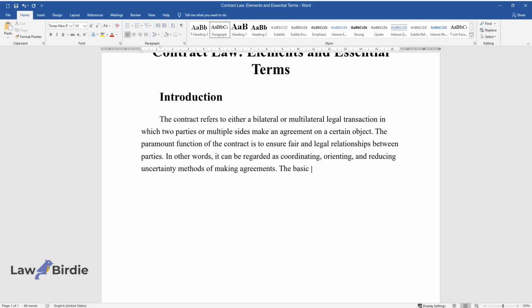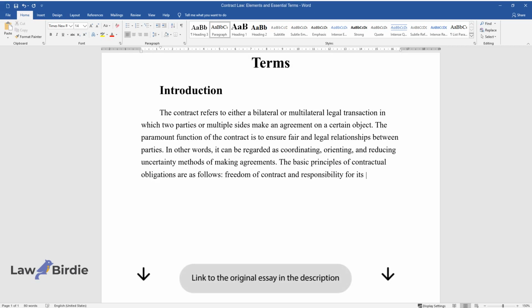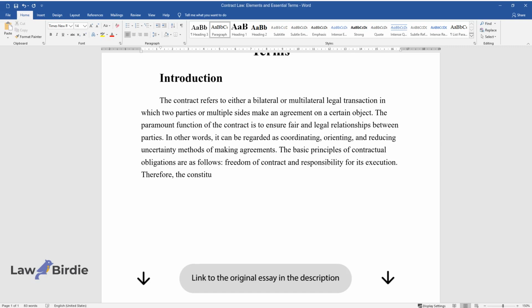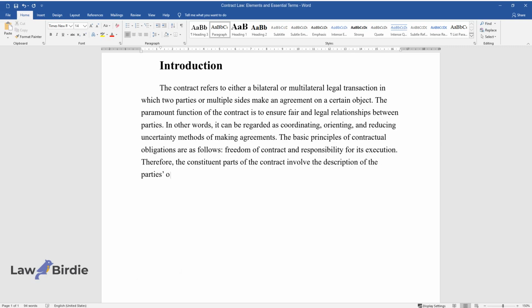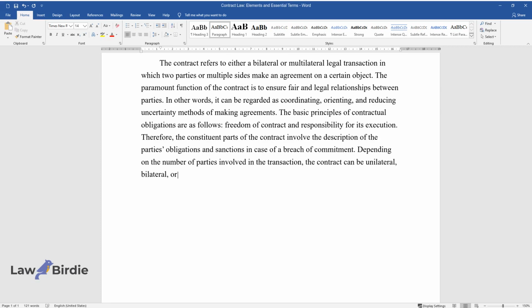The basic principles of contractual obligations are as follows: freedom of contract and responsibility for its execution. Therefore, the constituent parts of the contract involve the description of the parties' obligations and sanctions in case of a breach of commitment. Depending on the number of parties involved in the transaction, the contract can be unilateral, bilateral, or multilateral.